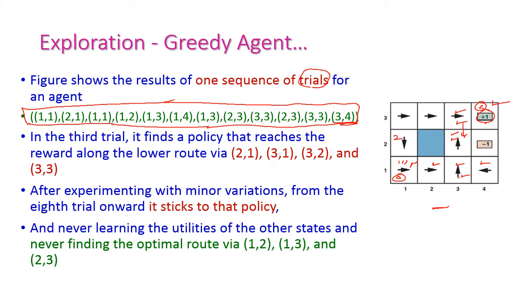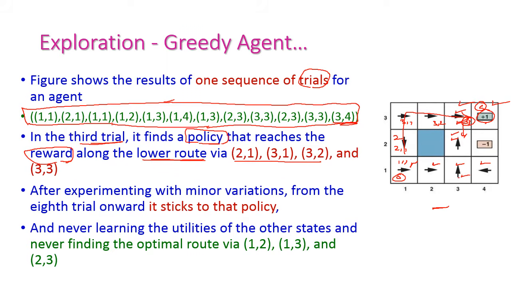After the third trial it finds a particular policy that reaches the reward along the lower route. It finds another route, that is 2,1, 3,1, 3,2 and 3,3. So from this route it finds the goal state.